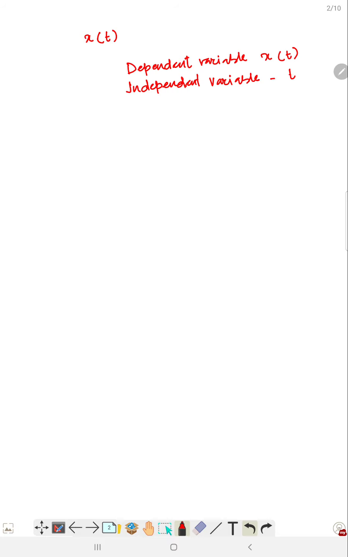Now, I want to just briefly mention here: when I say that I have defined a signal as x of t, it basically involves two quantities. Mathematically speaking, you will have a dependent variable, which is the x that depends upon t, and you will have an independent variable, which will be the variable time, that's t.